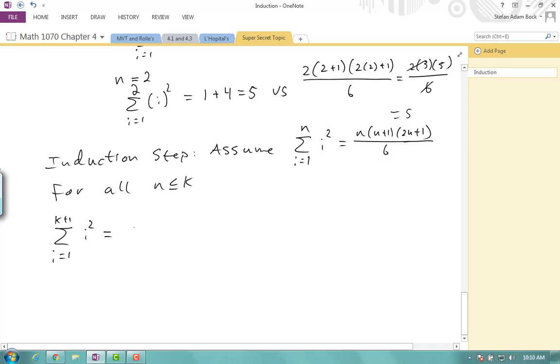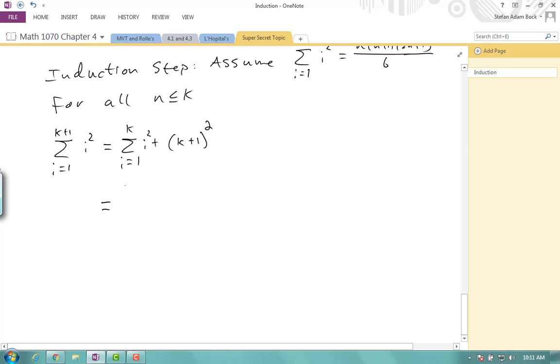And again, this is the same thing as the sum of i equals 1 up to k plus the k plus first term, which is just k plus 1 squared. Whoops, i squared. There we go. I've assumed that it works for all n up to k, so I get to say that this sum here is k times k plus 1 times 2k plus 1 all over 6, plus k plus 1 squared.